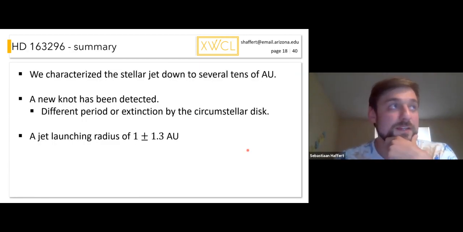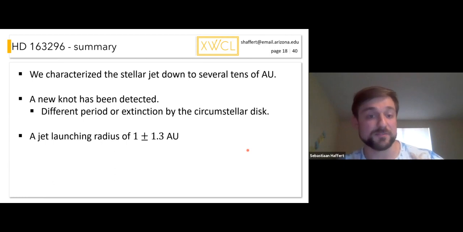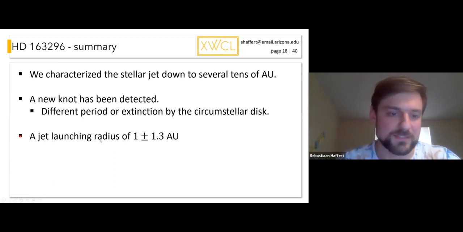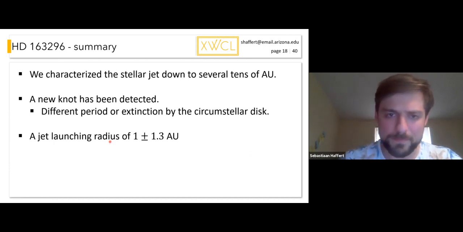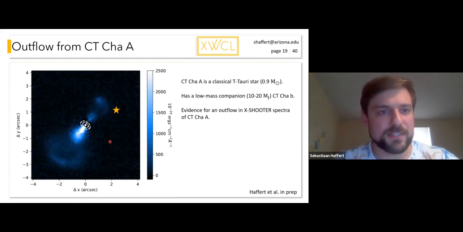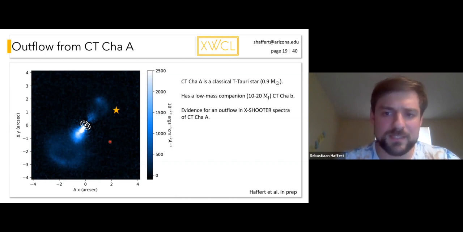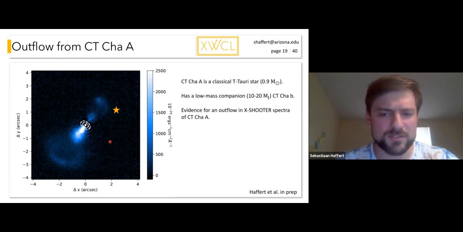So we can characterize the stellar jet down to several tens of AU. We have detected a new node, and we see that it has a different period, or it could be extincted by the circumstellar disk, and we have constrained the jet launch radius. And recently, we've detected a new outflow. So this is the outflow in the CT-Cha system. CT-Cha is a classical T-Tauri star, about 0.9 solar masses.